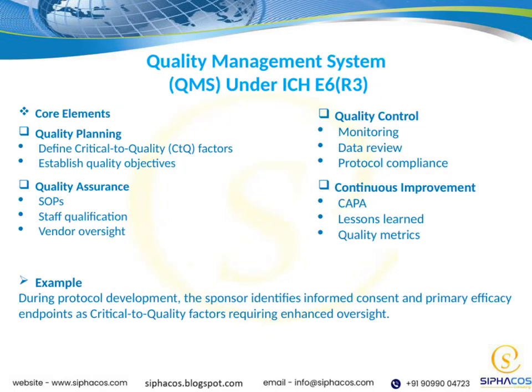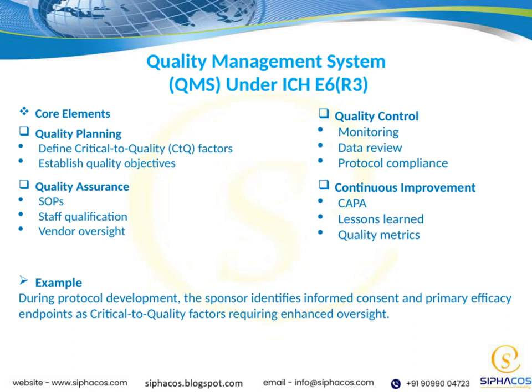Let's dive into the core elements of a quality management system under ICH E6R3. It starts with quality planning, defining what's critical to quality or CTQ factors, and setting clear quality objectives. Then, quality assurance kicks in, with standard operating procedures, staff qualifications, and vendor oversight to keep everything on track.